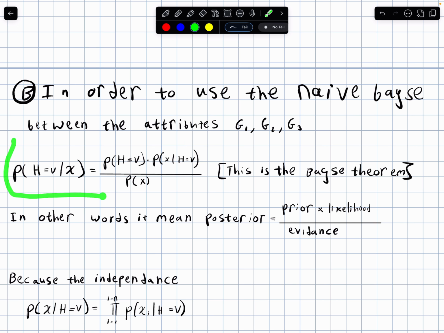And then what we are getting is this formula. This formula means that what we want to know is, for example, whether the person is sick or not, the hypothesis h for some value v, given a vector x. With Bayes theorem, it is p of h equal v times p of x given h equal v, divided by p of x.